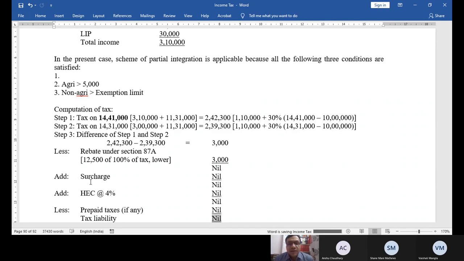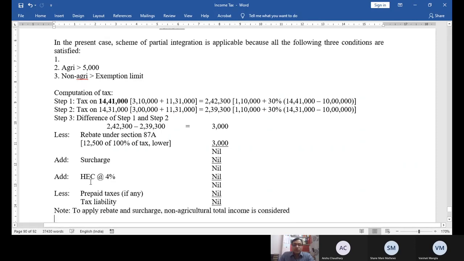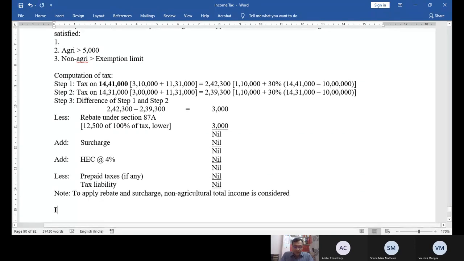This is the way to apply the scheme of partial integration. Now what I should not have done, like the way given below.